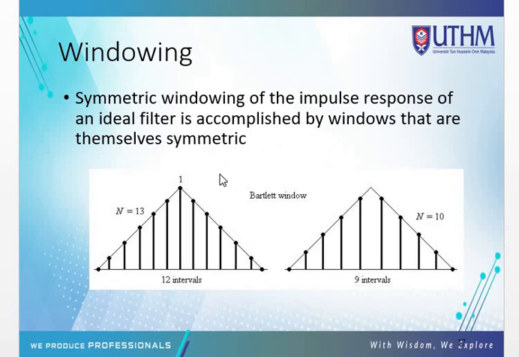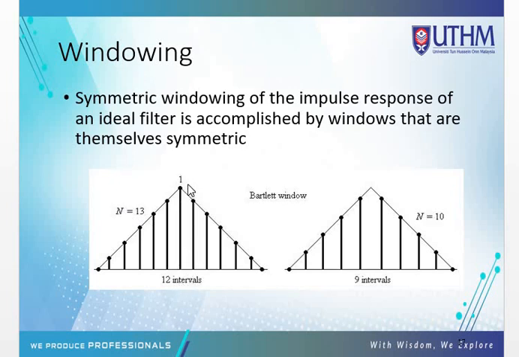If you look at this graph, this is the example for the Bartlett window with N equal to 13 and N equal to 10. The difference is that if you have an even number, N equal to 10, you don't have the origin, because you have 9 intervals. And if you have an odd number, where N equal to 13, you have the extra one, which is the peak.